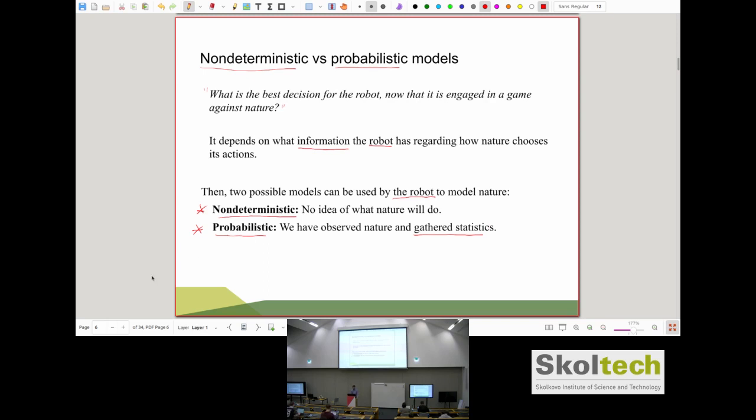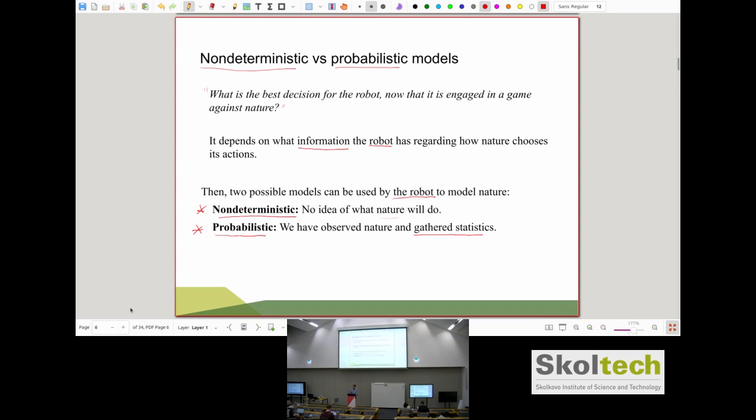Okay, so this is very likely. Actually, yes. These are the two distinctions. We'll see that non-deterministic actually is very, very exhaustive, because we don't know. Since we don't know, we have no idea, we are going to assume the worst, right? So that's where minimax comes from. And for probabilistic, we'll see how the problem gets redefined. All the other things are just going to be variants of this.